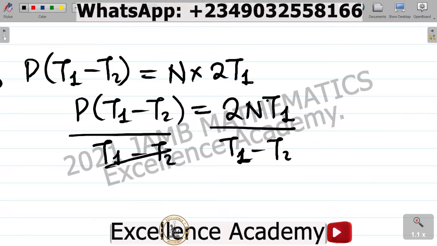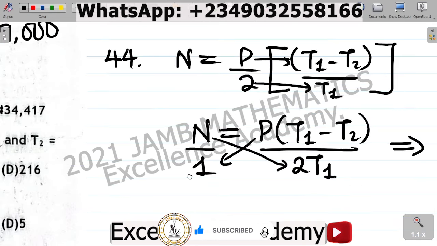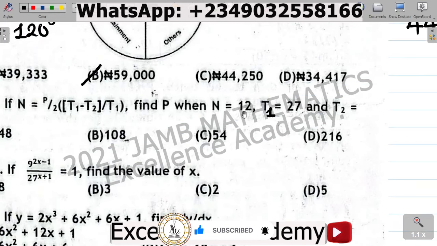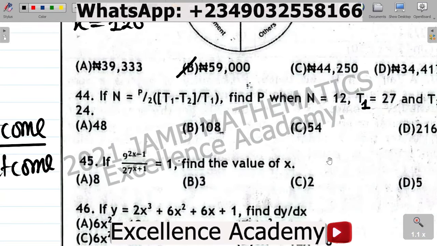We have this. This will cancel this. So you have p as equal to 2 times n times t1 over t1 minus t2. So let's just find the value for n. From the question here, n is 12, t1 is 27, and t2 is 24.